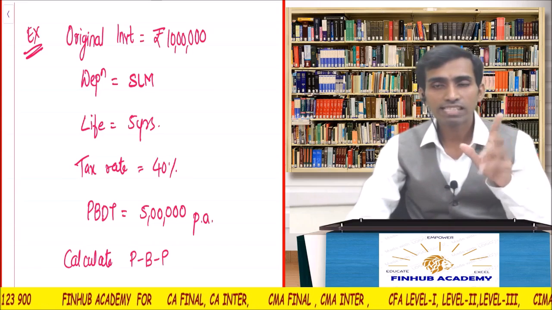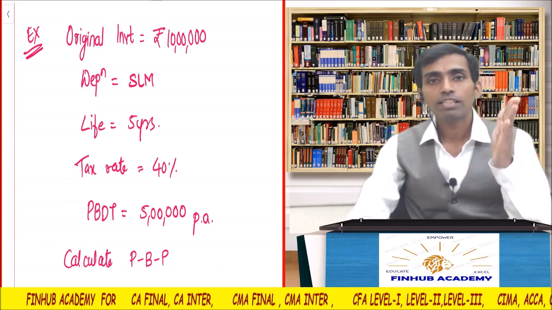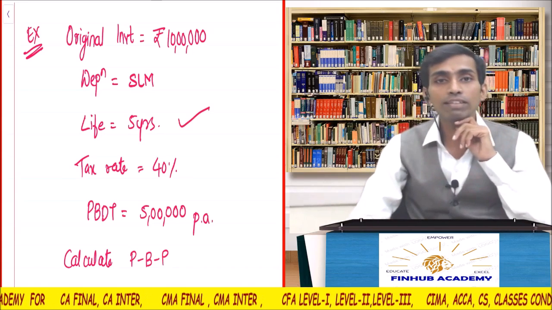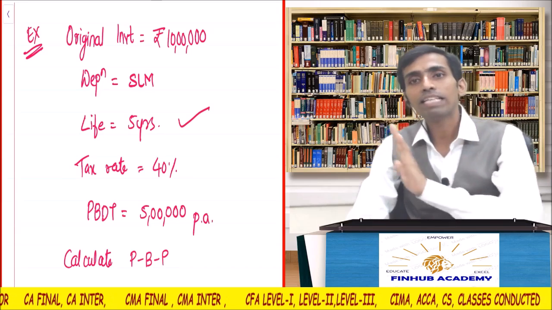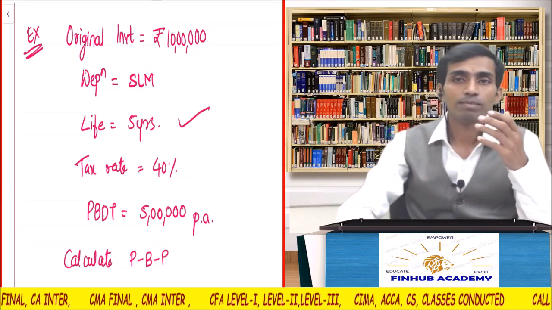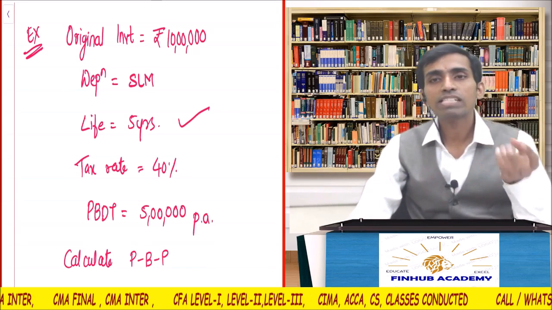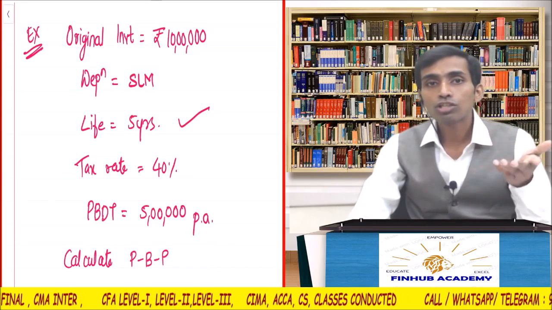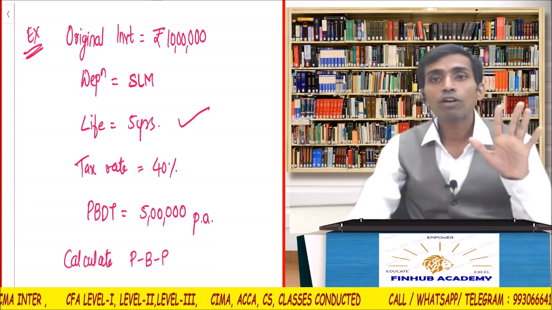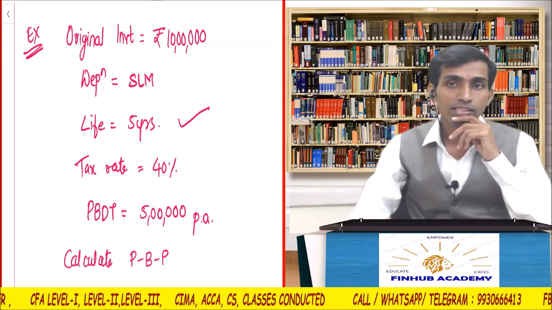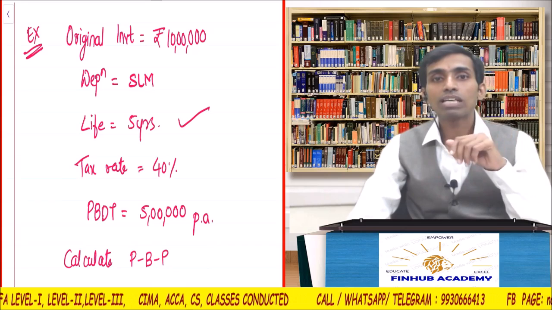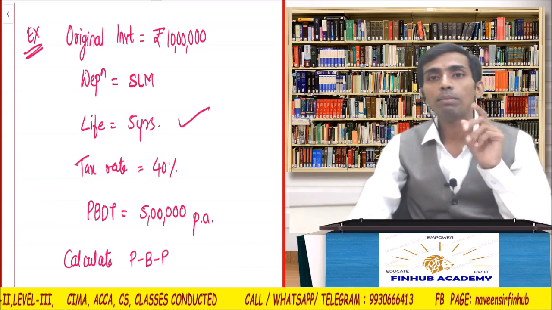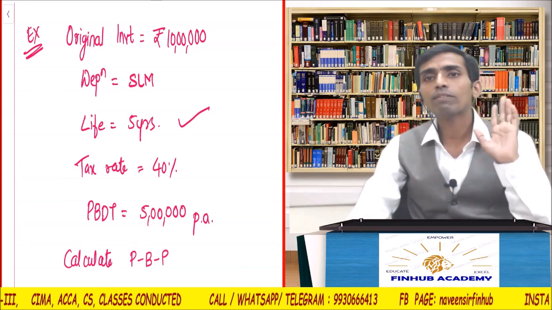If PBDT for all the 5 years is same, the project is going to be for 5 years, so every year the PBDT will be same. Now there is a project where the original investment is 10 lakhs. The company follows the straight line method, the life of the project is 5 years, and the tax rate applicable to the company is 40%. The company's PBDT will be 5 lakhs every year.